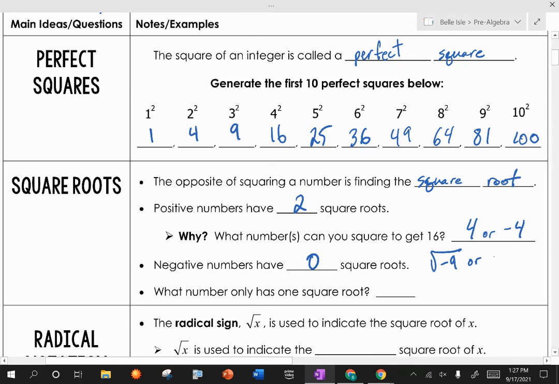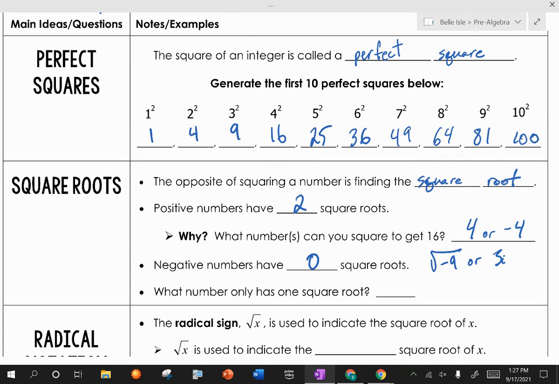Okay. Because we are working in the real numbers realm, which are typically going to be in the x values, the x axis. The square root of a negative number is going to end up in the y plane. But we're not dealing with that, so don't worry about it.